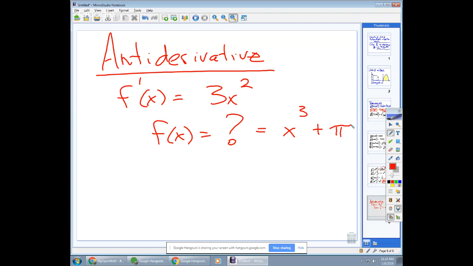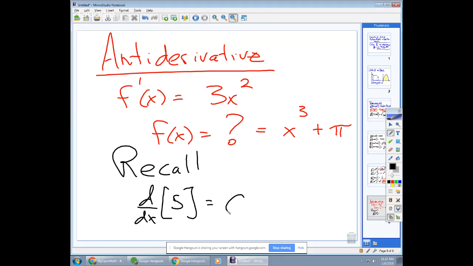So when we take a derivative, we lose track of information sometimes. Recall that the derivative with respect to x of any constant, like 5, is 0. So if there was a constant added onto the function, we lost track of it. So in antiderivatives, often we'd want what's called a general antiderivative.